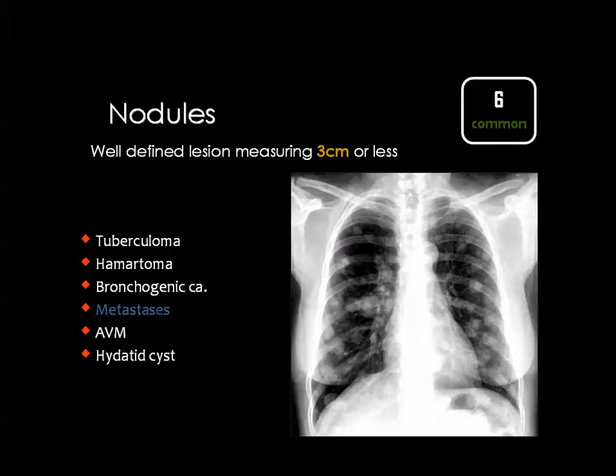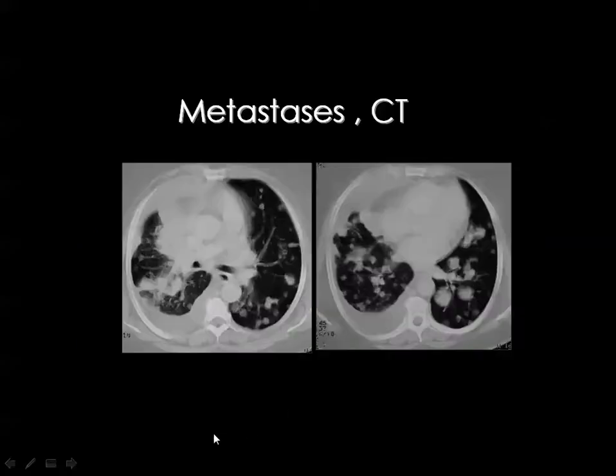Then if you see multiple nodules in the lung, then this is the diagnosis of metastasis, even if you don't have the clinical data of the patient. But actually, if you have the clinical data and you know that the patient had a primary malignancy, like breast cancer, for example, or renal cell carcinoma, then you can confirm your diagnosis that these nodules represent metastatic deposits.